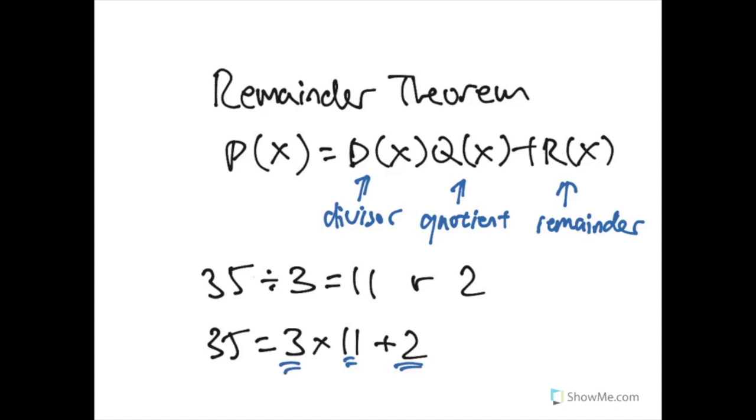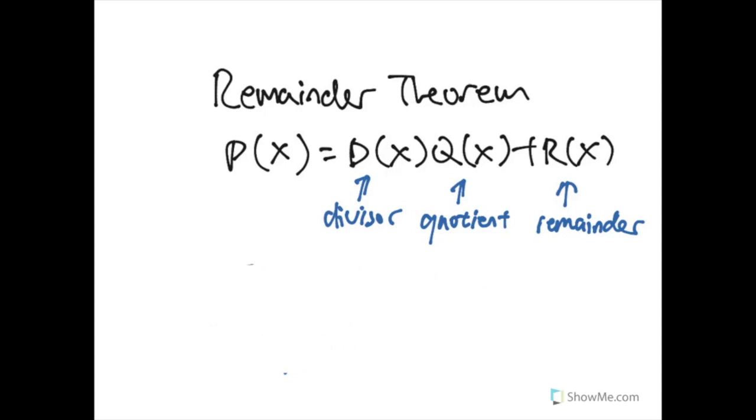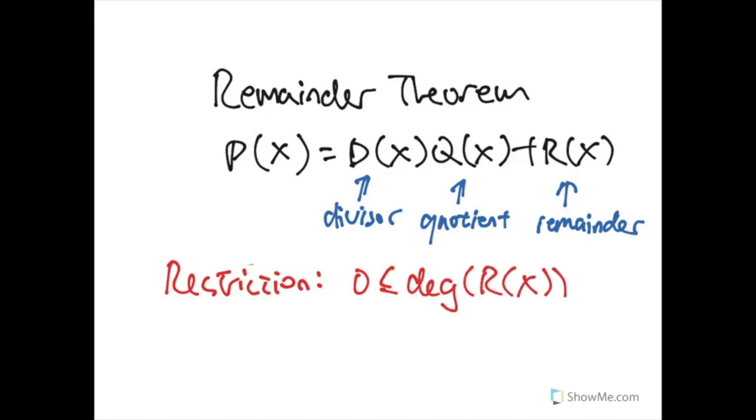So the remainder theorem for polynomials is very similar. And similar to the theorem for integers, there's a restriction on what the remainder can be. And the restriction is that 0 is less than or equal to the degree of the remainder, which is less than the degree of the divisor.